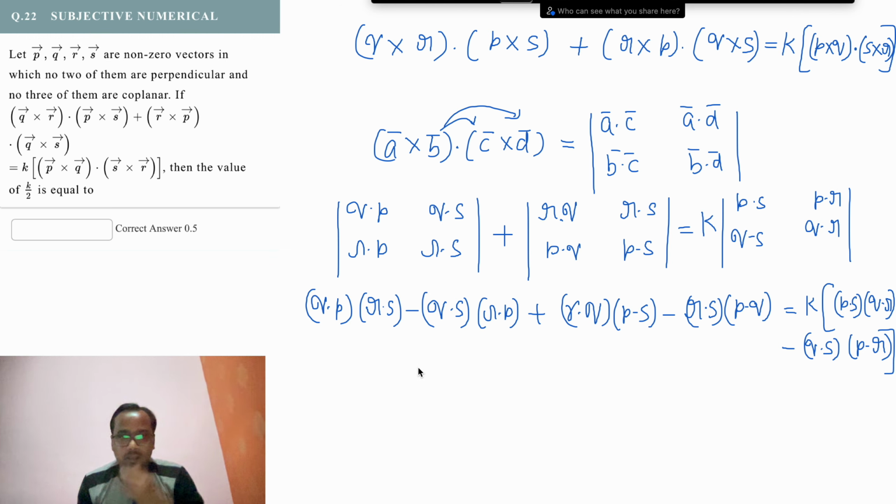Some terms can be cancelled. q dot p, r dot s, q dot p, r dot s. Dot product is commutative, so that would be cancelled.